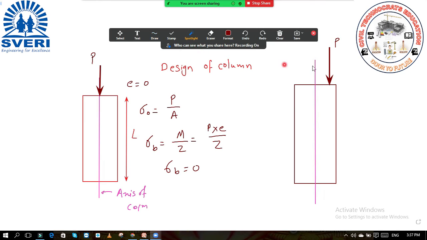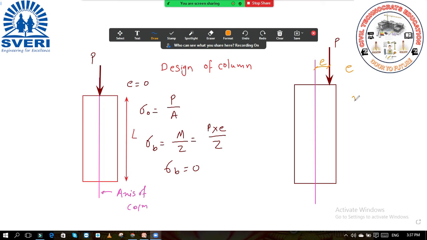Now here you can see this load is not exactly acting along the axis of the column. It is acting at some distance from the axis. Let us say that this distance is your eccentricity E. So in this case, eccentricity E is present, a non-zero value.